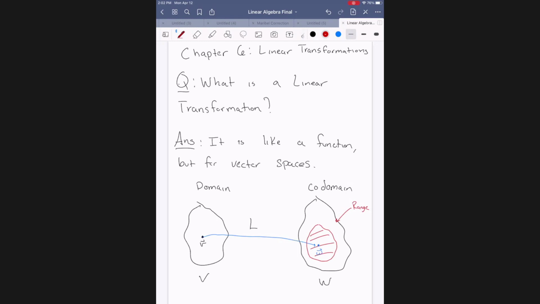It's not all real numbers again. Same thing, a linear transformation only maps a part of the vector space, or it can map to the entire thing. In that case, it'll be a surjection. But yeah, we have this concept of domain, codomain, and range for linear transformations. Again, it eats a vector, spits out a vector.